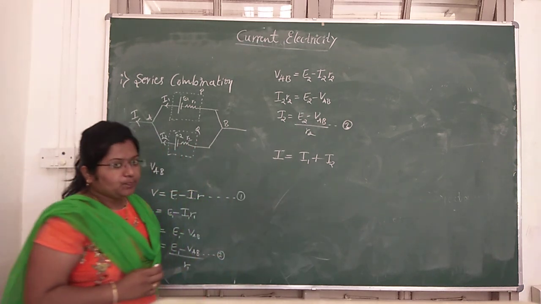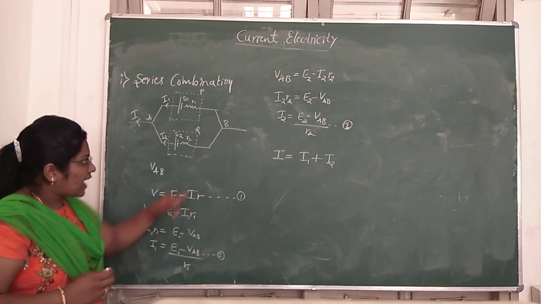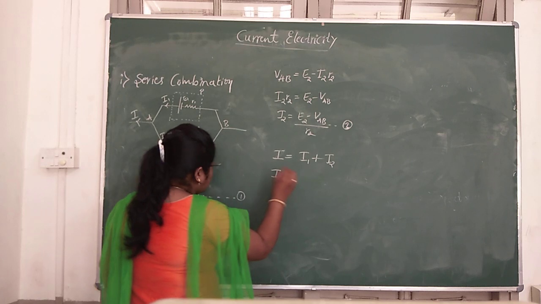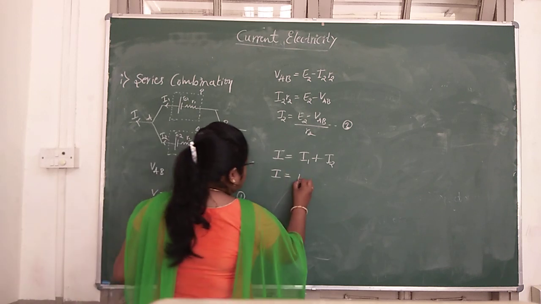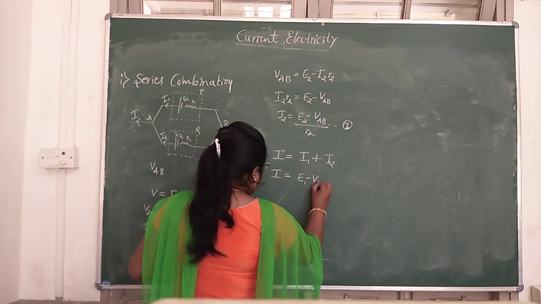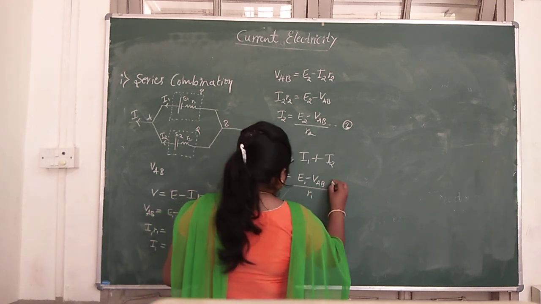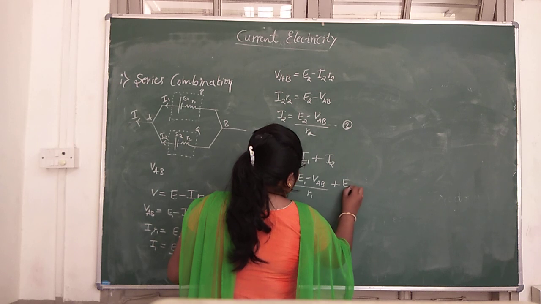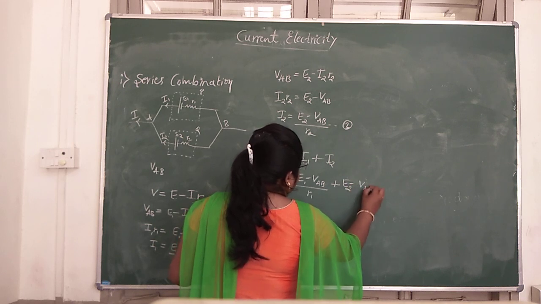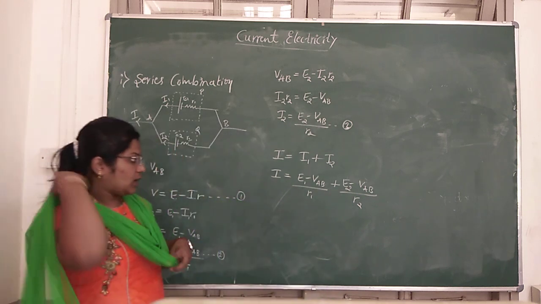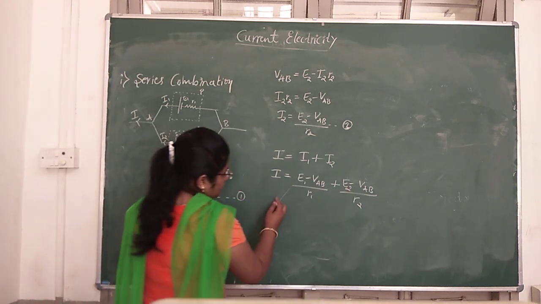Now you substitute the values for I1 and I2 over there. I is equal to E1 minus VAB divided by R1 plus E2 minus VAB divided by R2. Now take the LCM.